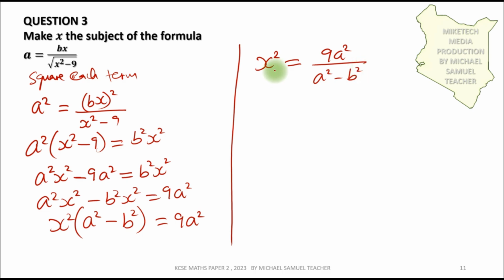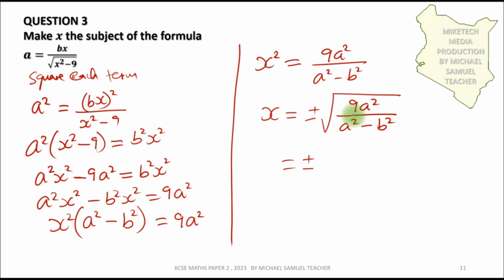Therefore, now to get x, we find the square root on both sides. So that will be plus or minus square root of 9a squared all over a squared minus b squared.